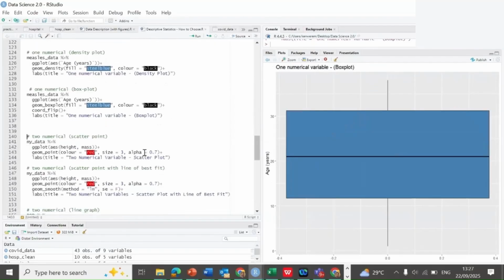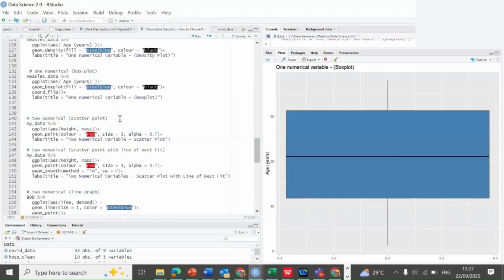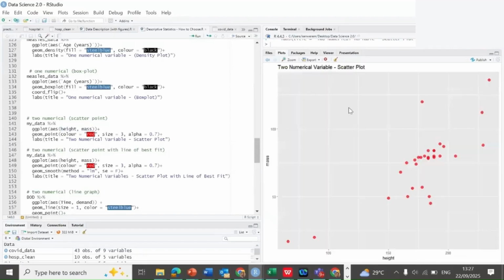Now we move to two numerical variables. For two numerical variables, you can use a scatter plot. So this is a plot of a graph between height and mass, which are two numerical variables. Okay, so I'm just going to run this. Now we can see a graph of two numerical variables, height and mass. Okay, height on the x-axis and mass on the y-axis.